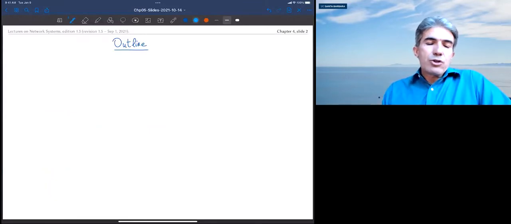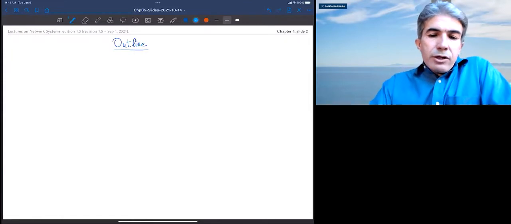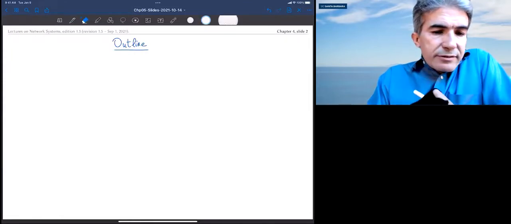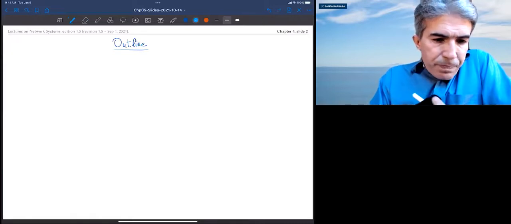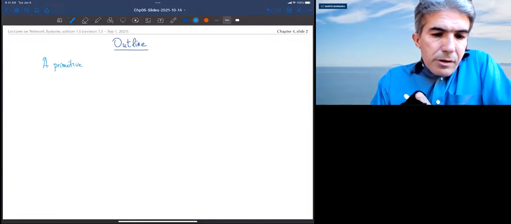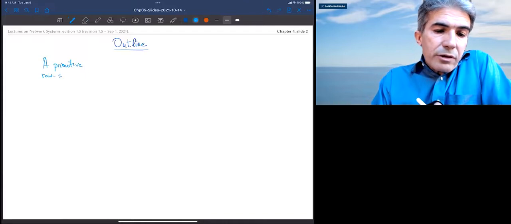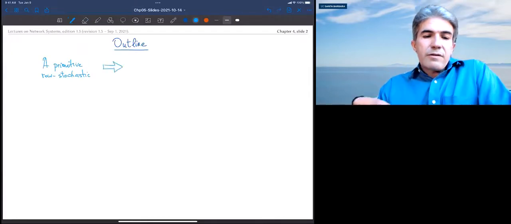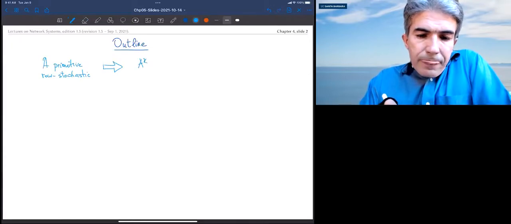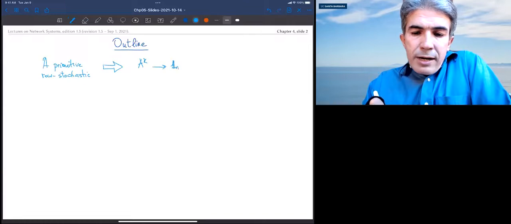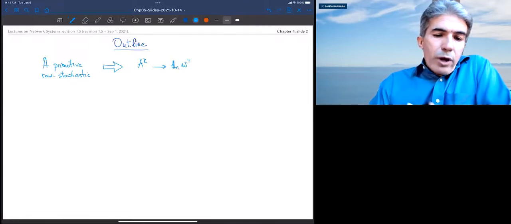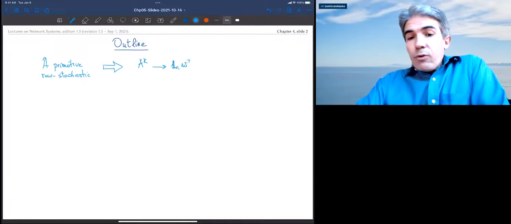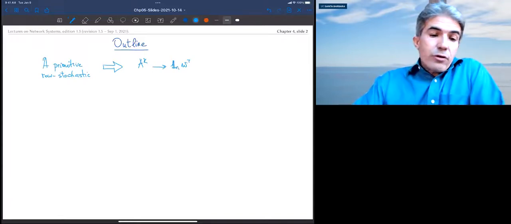Let me remind you that in chapter 2 we saw the following. If A is primitive and row stochastic, because we are dealing with averaging systems now, this implies that A to the k converges to 1n w transpose, where 1n is the right dominant eigenvector of the eigenvalue 1.